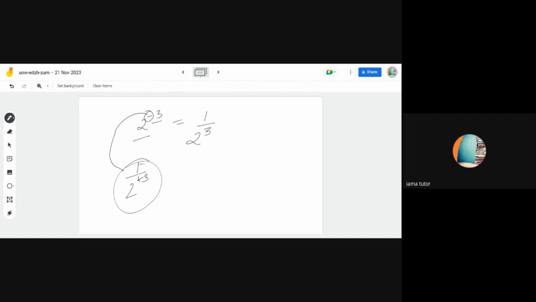Right now we will see some questions. Let's suppose you have got 8 power 1 over 3. Now you need to know a few of the laws of surds. We have already done one tutorial on surds.